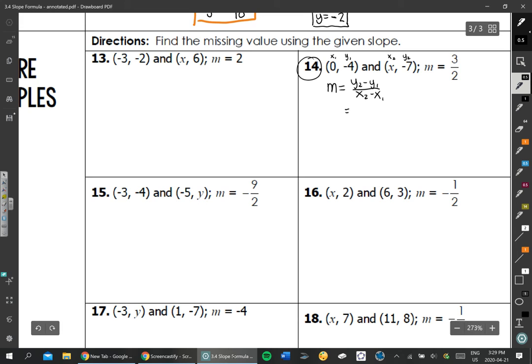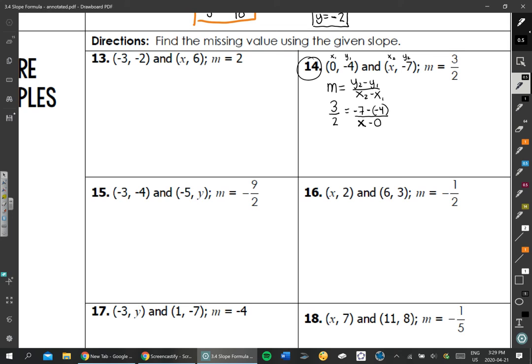Okay, so y2 is -7. y1 is -4, so minus -4. x2 is unknown, so let's just leave that as x. x1, however, we do know, and it's 0. And finally, we also know m is 3/2.